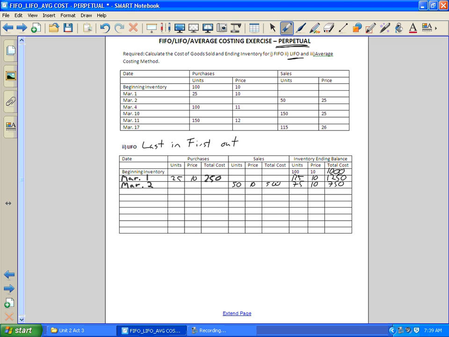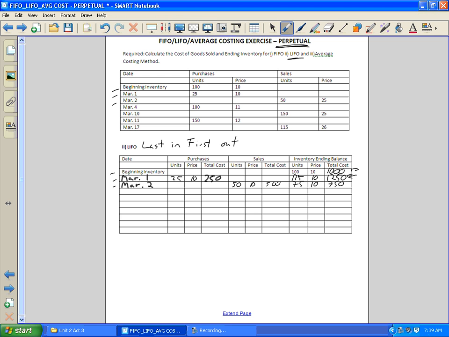Now, what I've already done is account for beginning inventory March 1st and March the 2nd in the chart. These actually are no different than the previous example. Here in the beginning inventory we have $1,000. Then we add 25 units at $10 each. That gives us 125 units at $10, which is 1,250.